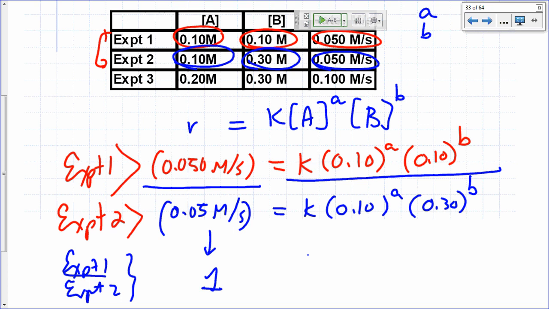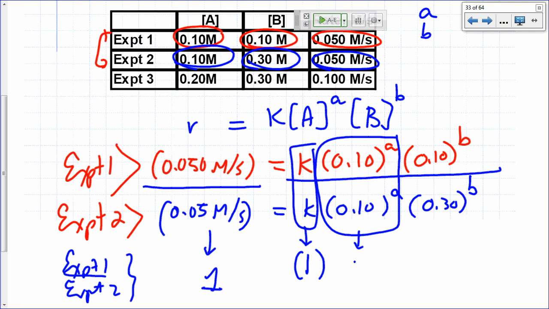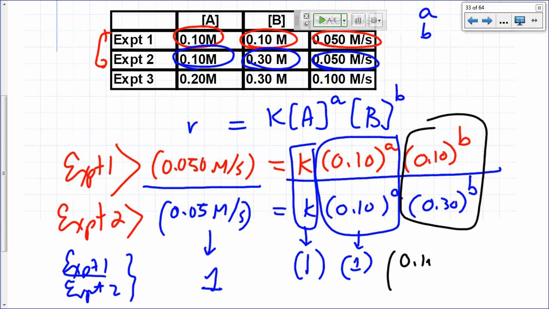K over K is 1. 0.1 raised to the power a over 0.1 raised to the power a is also 1, right? And what do I have here? What is this one? That is 0.10 over 0.30 raised to the power b. Okay, so that's equal to 1.